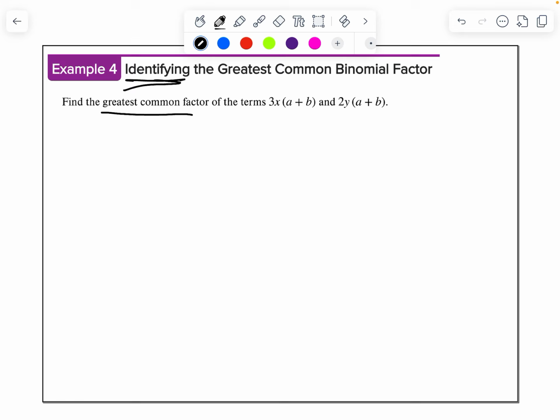If we look at these without breaking them down with a factor tree, we can see that they both have this same thing, that a plus b. And that is the greatest common factor. They don't both have a 3. They both don't have a y or an x, but they do both have an a plus b. So the GCF here is a plus b.